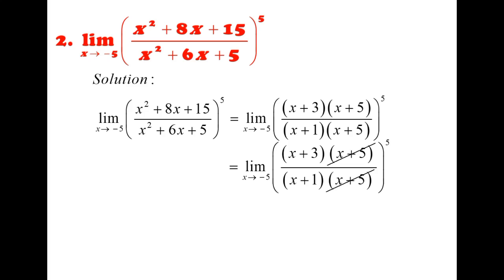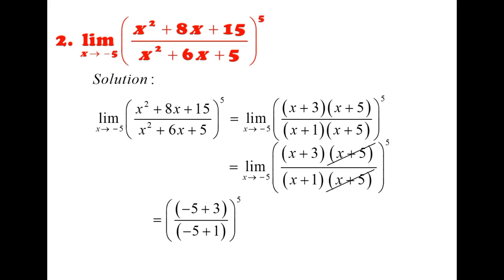So we have now the limit of the quantity x plus 3, the cancelled-out part being x plus 5, over x plus 1 times the quantity x plus 5, raised to 5 as x approaches negative 5.